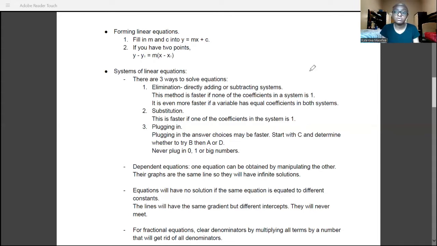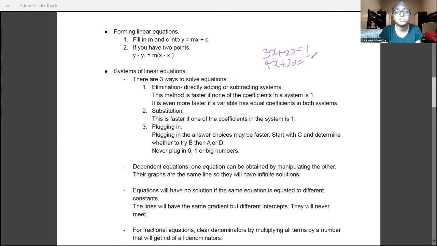So you're going to multiply the equations by a number which is going to get rid of one of the coefficients. So let's say you have 3x plus 2y is equal to 1, and then you have 4x plus 3y is equal to 2.